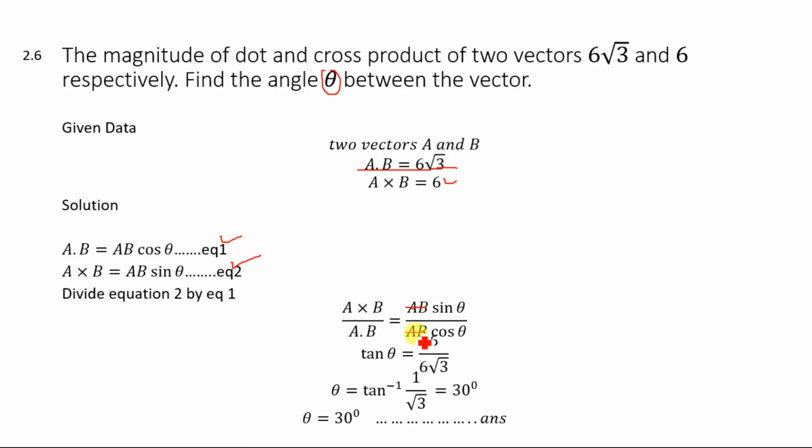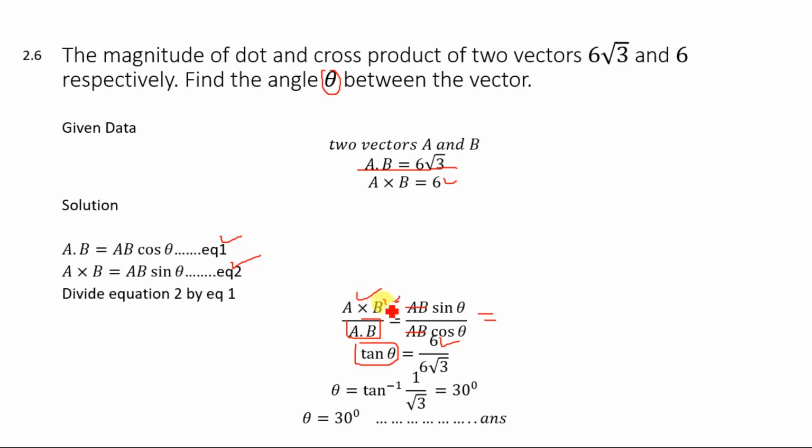This ab and this ab will cancel out with each other, and this sin theta divided by cos theta we know is equal to tangent theta. So we have tangent theta is equal to a cross b divided by a dot b. a cross b is given as 6, and a dot b is equal to 6 under root 3.